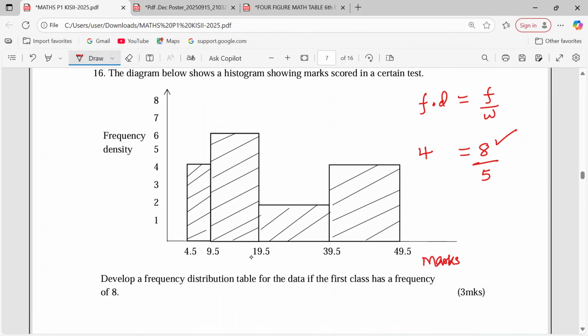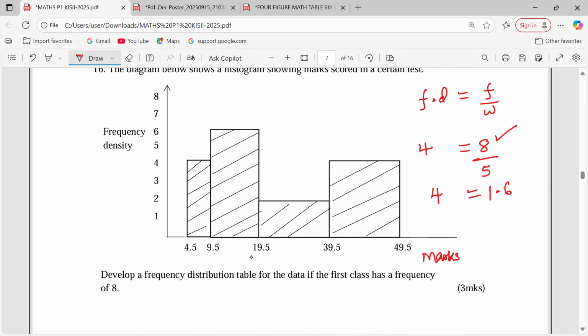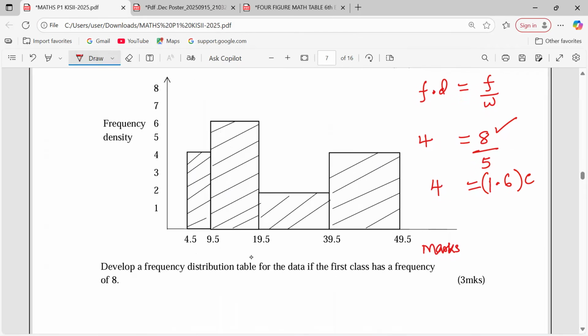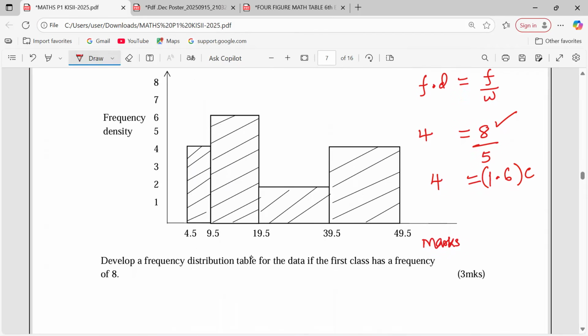So the height is 4 while this equals 1.6. So what has multiplied 1.6 to give us 4? A certain constant has multiplied 1.6 to give us 4.